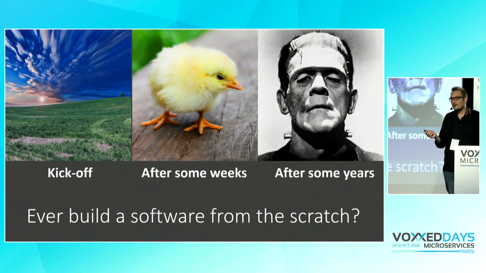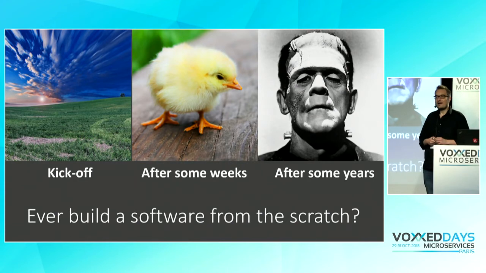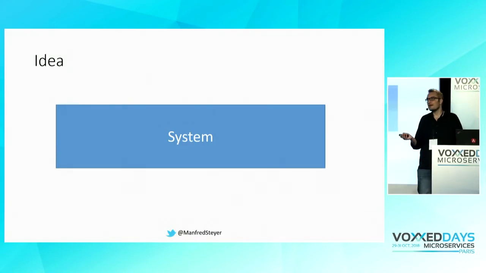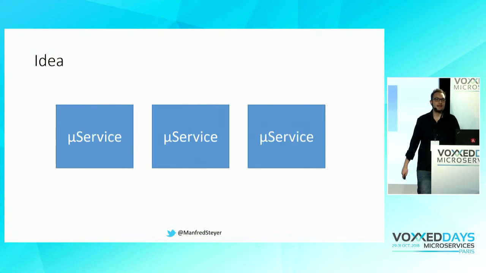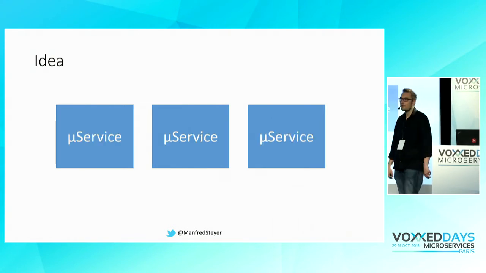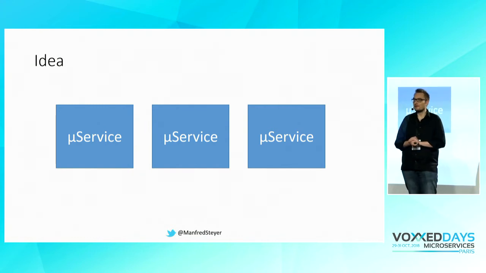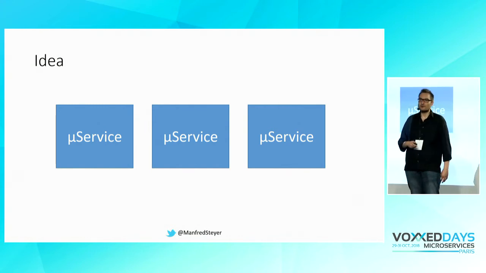And of course, there is currently a well-discussed solution to prevent this Frankenstein monster. It's about splitting a big system up into tinier parts, and we are all calling those parts microservices. I mean, the whole conference is about this topic, so this shouldn't be anything new for you.